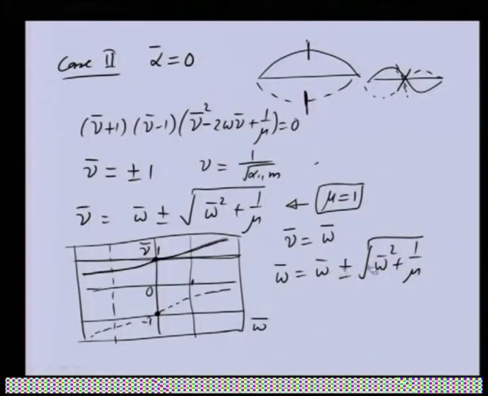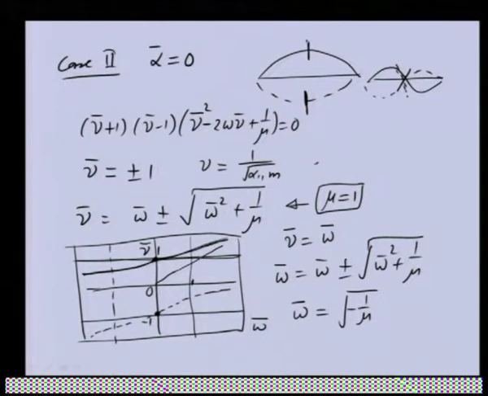In this particular case, we will see that one of the critical speeds, if we solve this for omega, will be minus 1 by mu. So in this plot, the line nu equal to omega, if we draw it, is nothing but a 45 degree line.